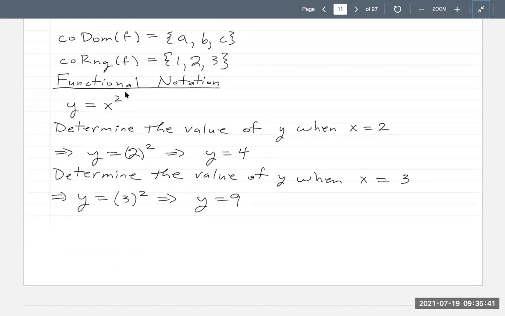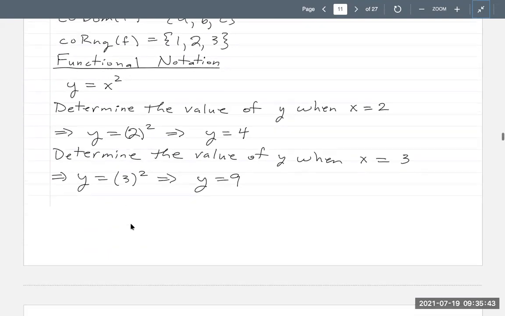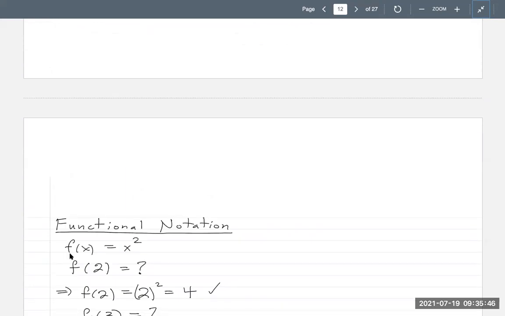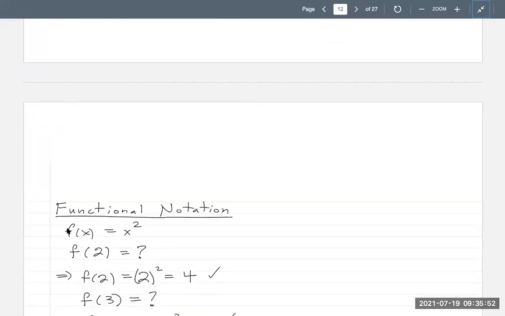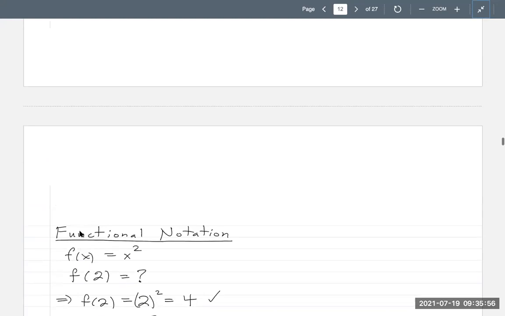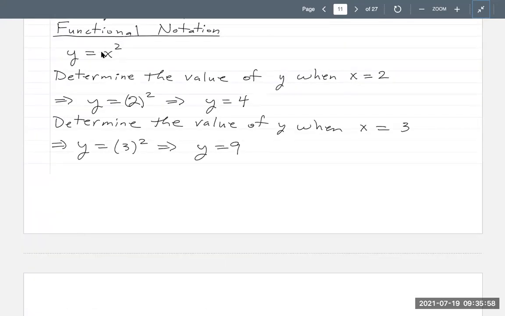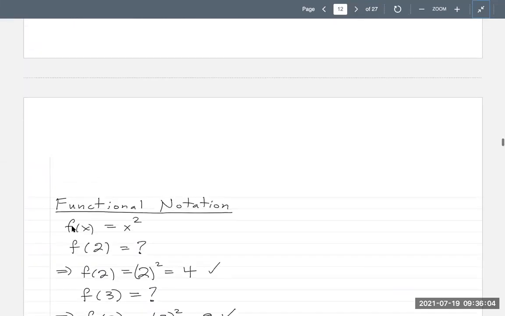Instead of saying y, I'll call it f. So the name, instead of being a y, I'll call it an f. And in parentheses, I'll tell you what this independent variable is. The independent variable is x. So f of x is x squared.